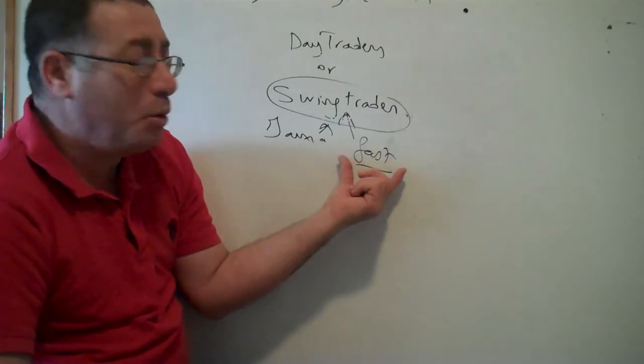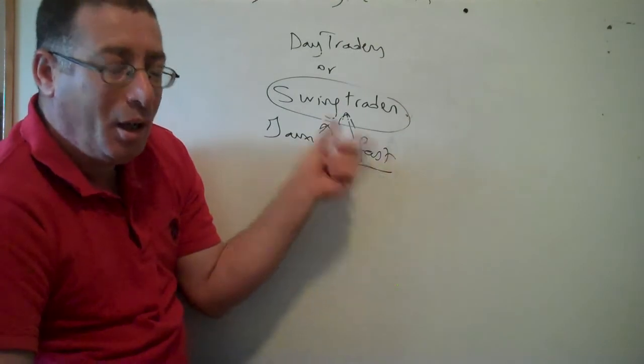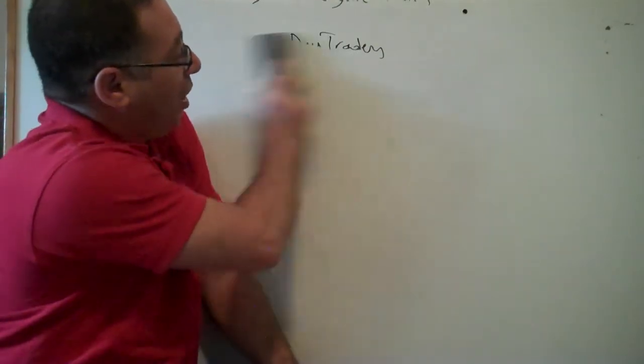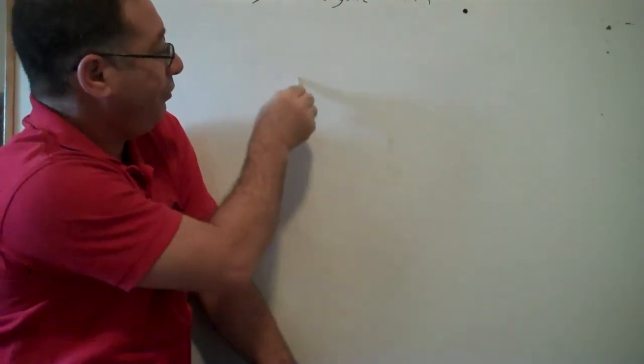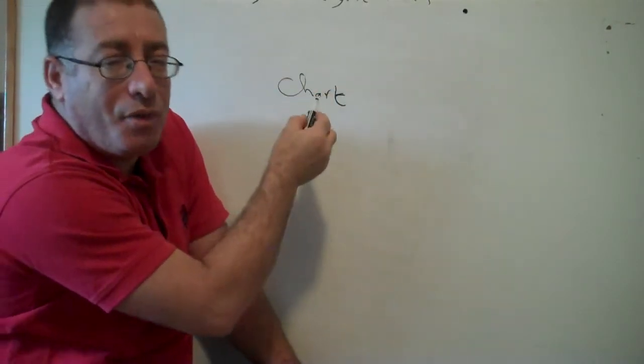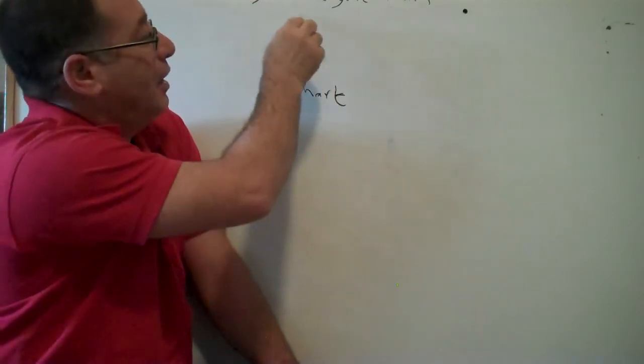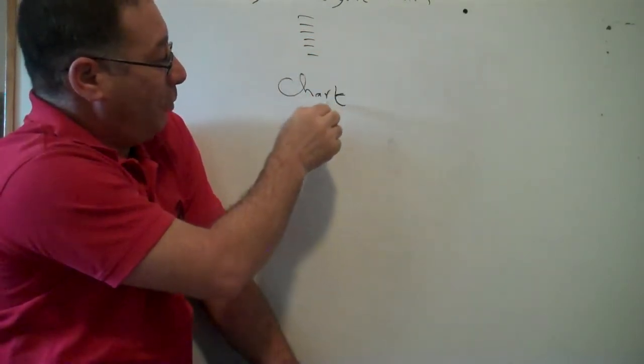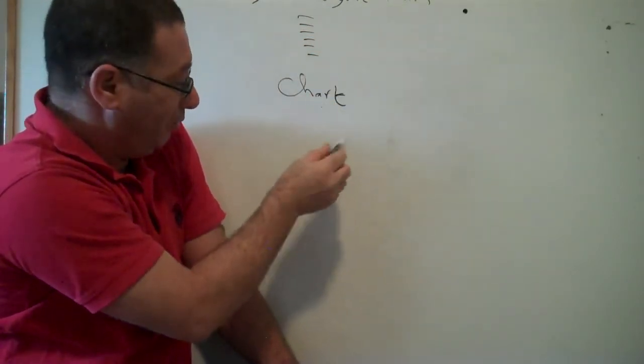And how do you know about them? You just check them on the chart. You can have a list of stocks like this. Put them in your chart and see.